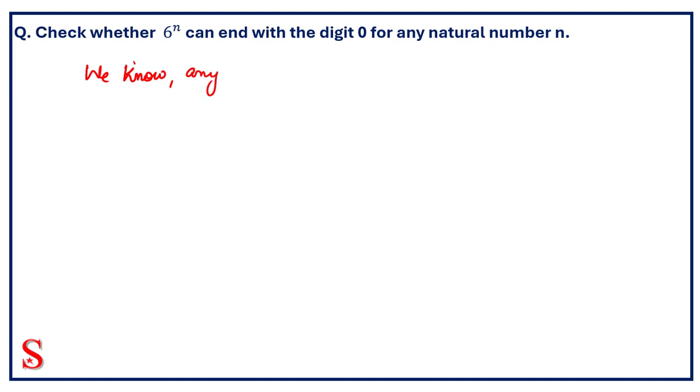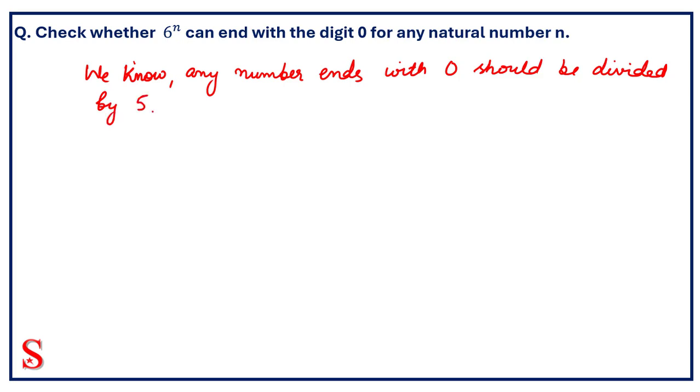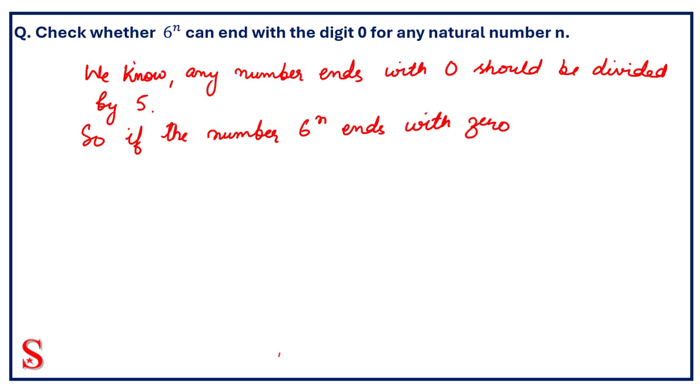We know any number that ends with 0 should be divisible by 5. So if the number 6n ends with 0, then it should be divisible by 5.